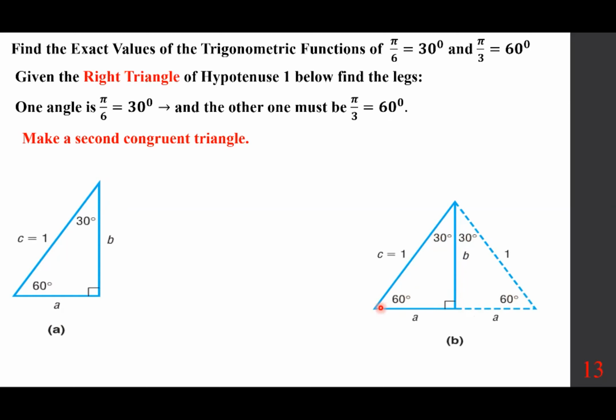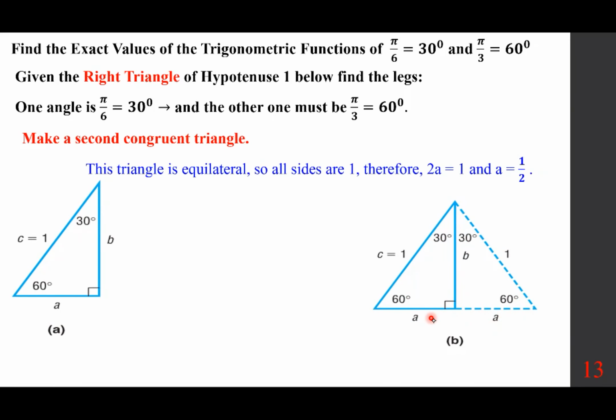And since they are identical, if this is 1, so is this, and so is this. And so that means 2a is 1 and a must be 1/2.